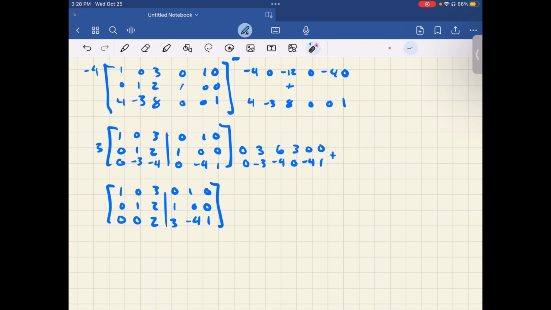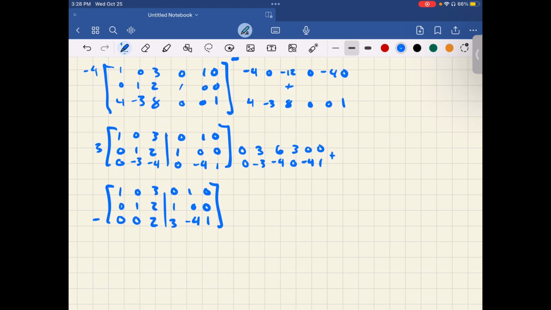So now I can see that I have the zeros here and here where I need them. Now in the last column, I need to go get zeros here. That didn't turn into a 1. If I multiplied by 1/2 right here all the way through, you could see I'd get a fraction there and a fraction there, and I'd have to deal with that. So I'm not going to worry about the 2 for right now. I'm going to go make this 3 and this 2 a 0. To do that, I'm going to multiply the bottom row by -1.